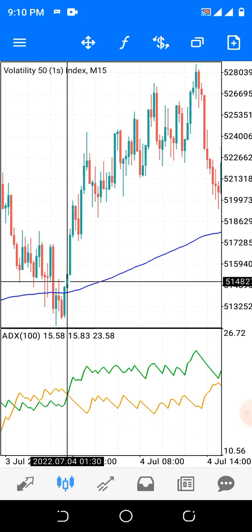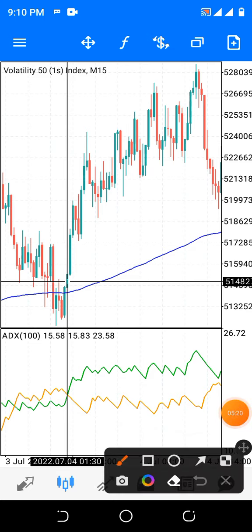So you take a buy position there, and this is excess gain for you.